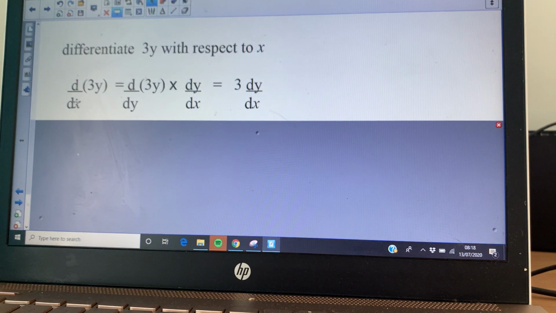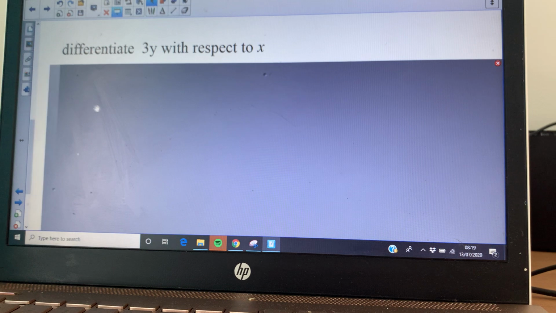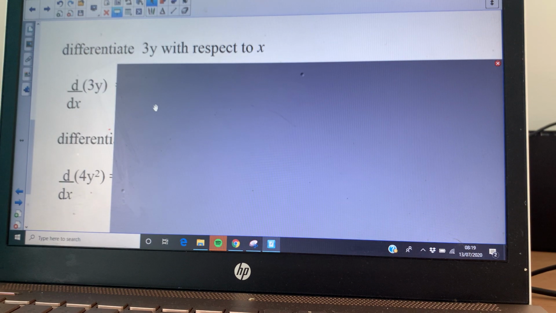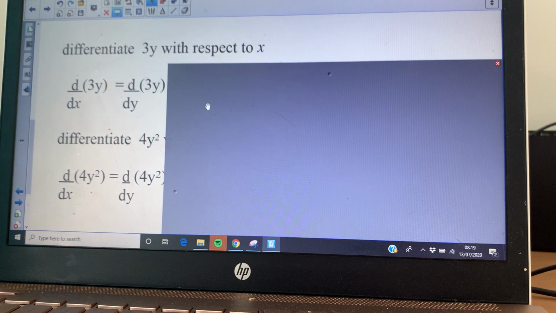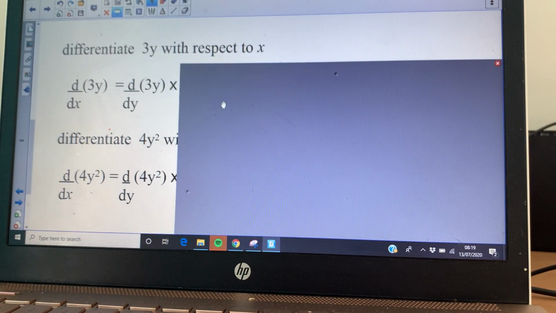So what I'm going to do is differentiate the 3y. First of all, I differentiate the 3y with respect to y, which I know I can do. It's just 3. It's not what I've been asked to do.